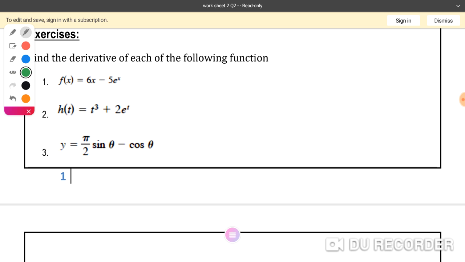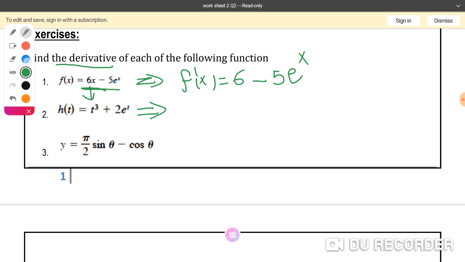Look here, find the derivative f prime of x. What is the derivative of this linear term? It will be its coefficient. Please watch all of the video. What is the derivative? Minus the constant, which is 5, multiplied by the derivative of e to power x, which will be e to power x.